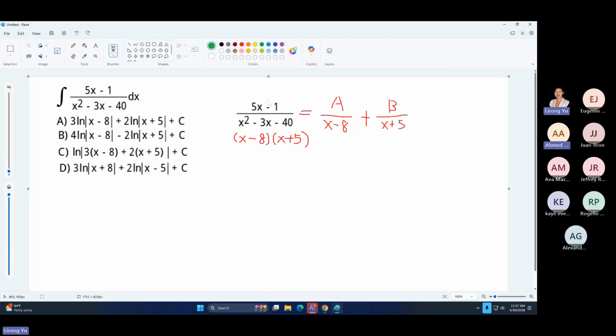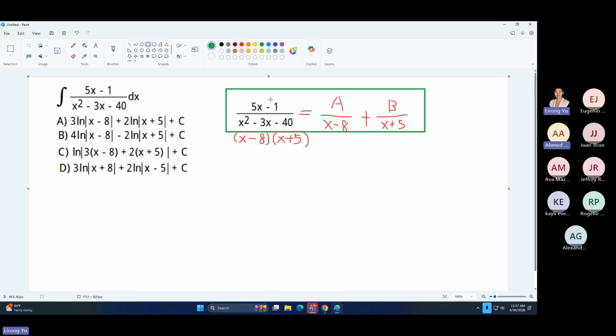In order to make this exactly equal to each other, we multiply both sides of the equation by the denominator. Multiply the left side by the denominator, you're going to have 5x minus 1. And multiply the right side by the denominator, you're going to have A times, the denominator will cancel, the x plus 5 will still be multiplied.